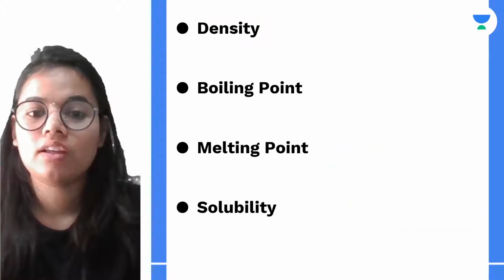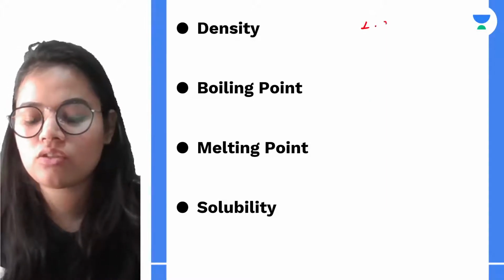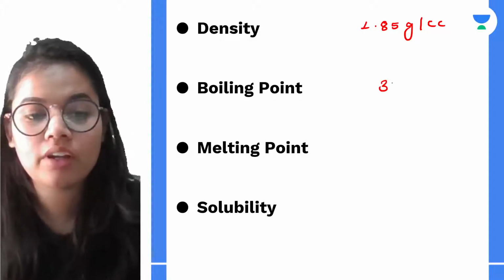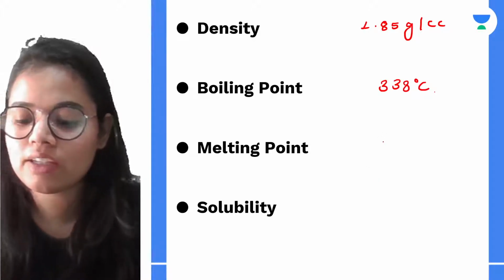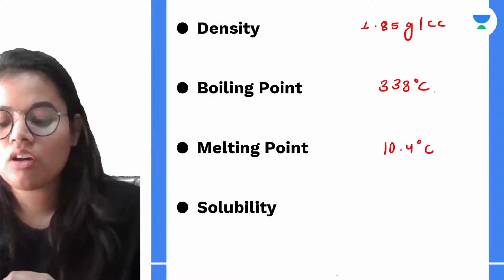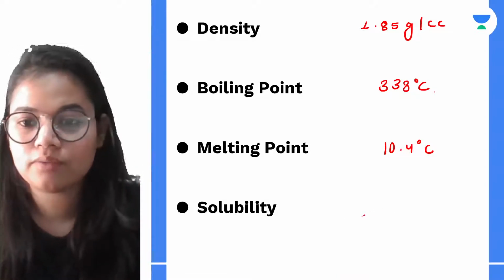Next, density. You do not actually need to remember the exact values. They are not really asked. Boiling point is 338 degrees Celsius. Melting point is 10.4 degrees Celsius. And if I talk about the solubility, it is very well soluble in water.